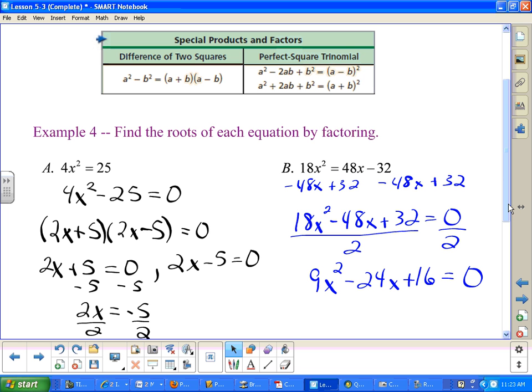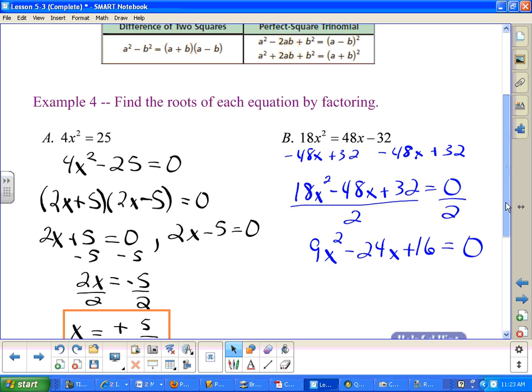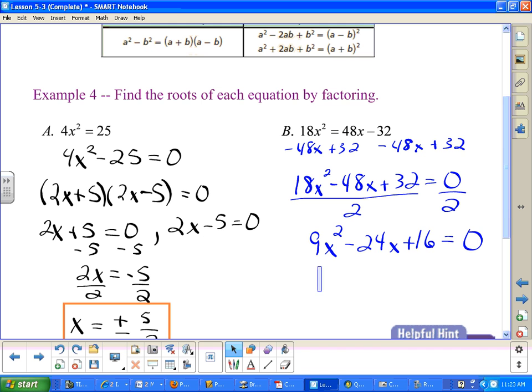So that's a situation where it looks like I might have a perfect square trinomial, which says that I have 3x and 4 that are squared.